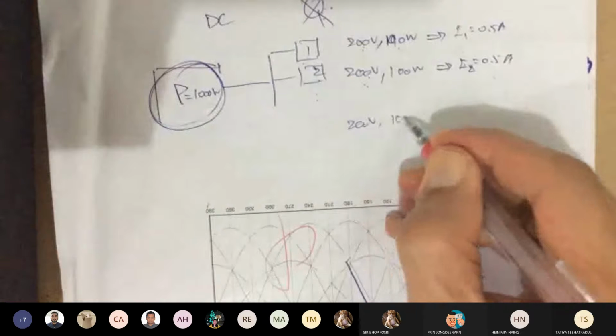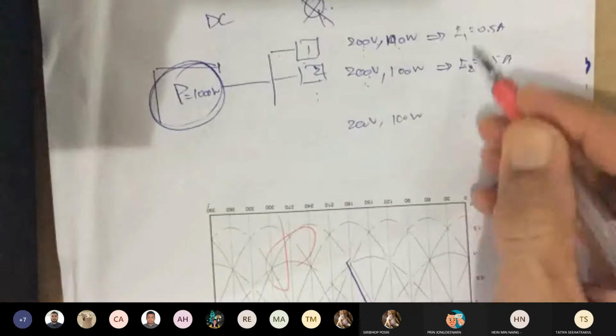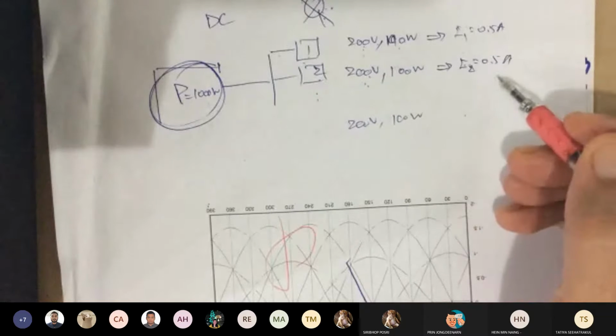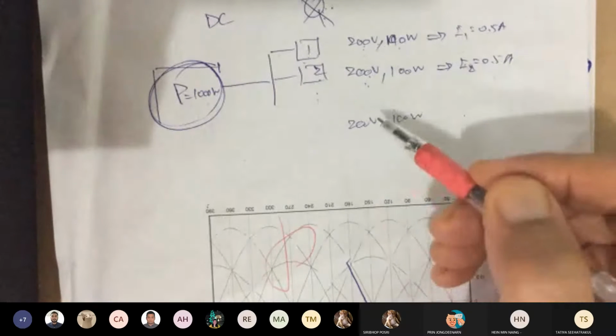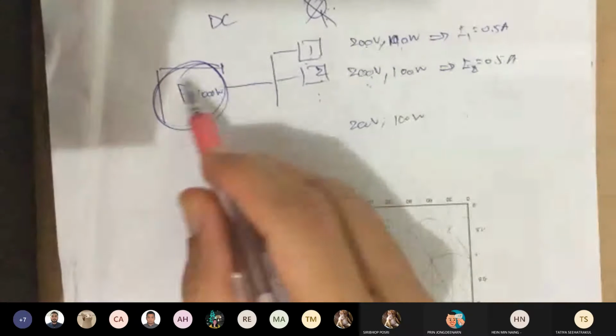200 volt, 100 watt. Okay, so we'll get the amount of current. The total current would be 5 amps. Now, if I want to supply more, I can increase my power on the source.